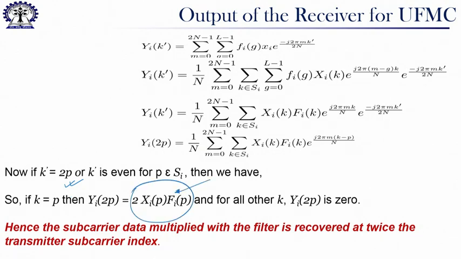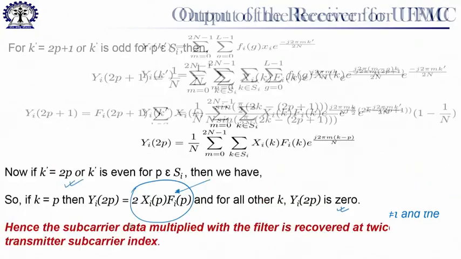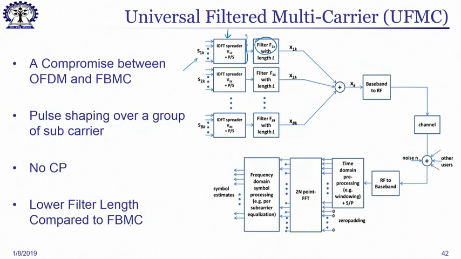Now since the filter coefficients are known, one can easily recover the desired signals. For all other values of k, it was shown to be 0, and for any other block where the resource block is not the desired block, the indices are not going to match, and therefore there is no issue about it. So that is how the UFMC is done.